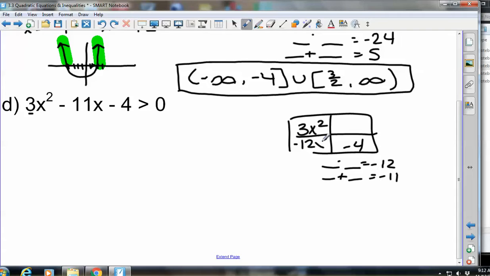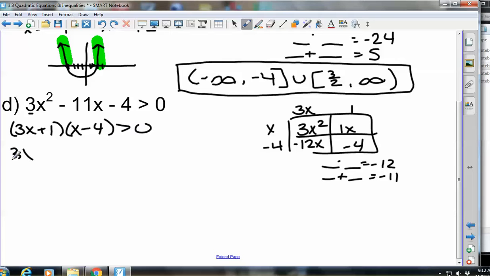So it would be negative 12 and positive 1. We get 3x and 1, x minus 4. So set each one to 0. And we get negative 1/3 and positive 4.